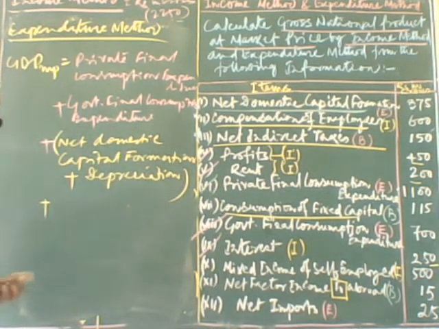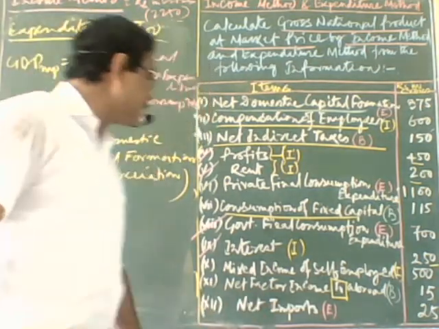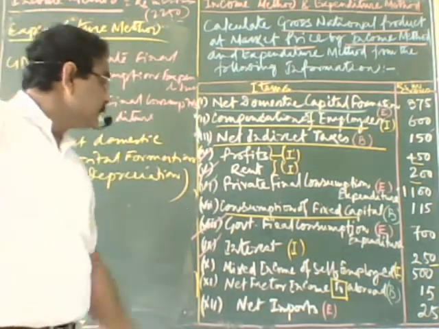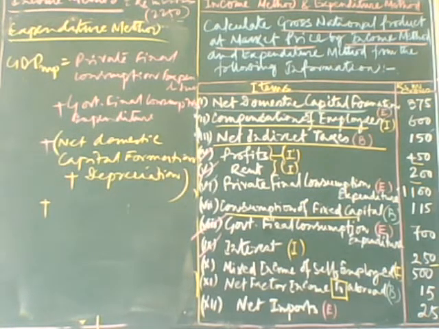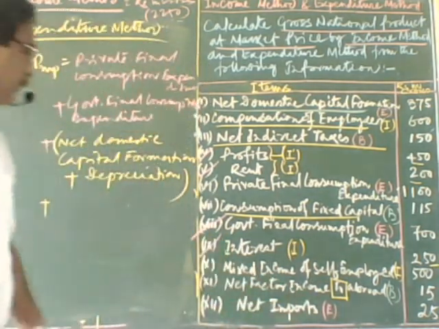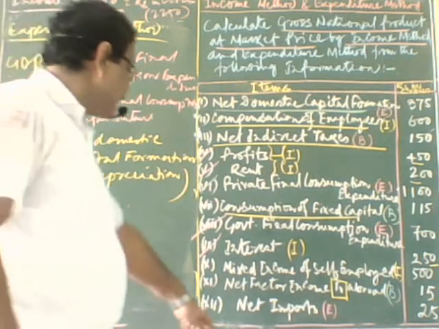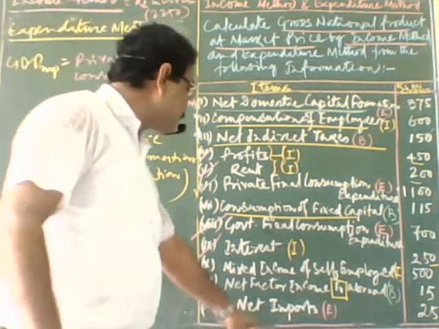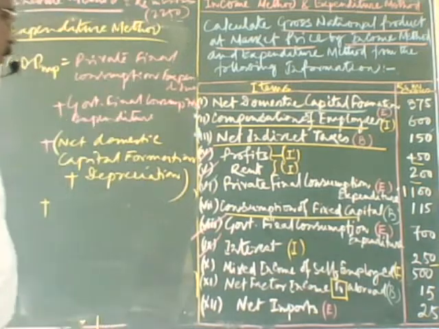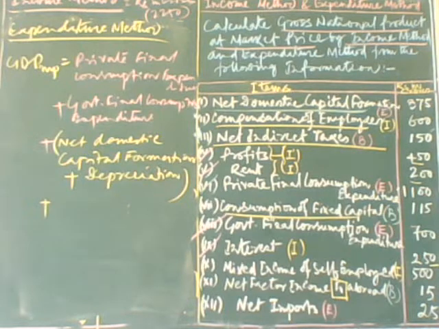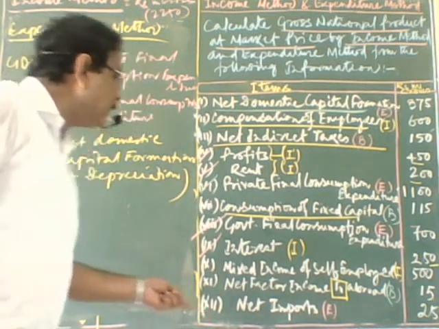Plus the main component of the expenditure method is net exports, but according to your question the net imports is given. So first of all you have to change net imports to net exports. Whenever you change net imports to net exports, the value given for net imports will be changed into the negative.